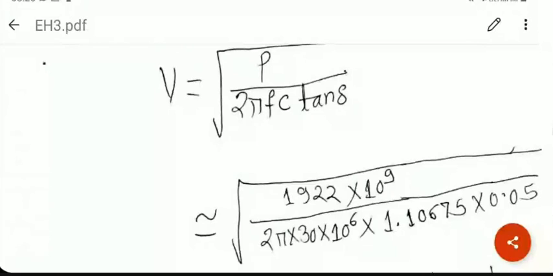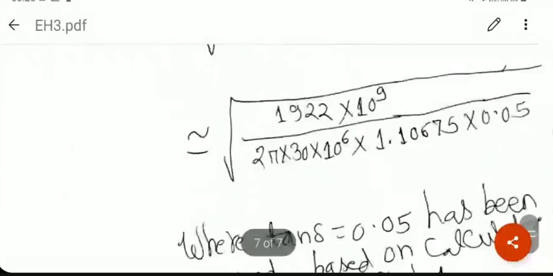Capacitance was in nanofarad, so I have brought 10 to the power 9 in the numerator because of that. Tan delta is 0.05. Capacitance is 1.10 something nanofarad. So that value is also there. Plug in all the values, take the square root carefully.